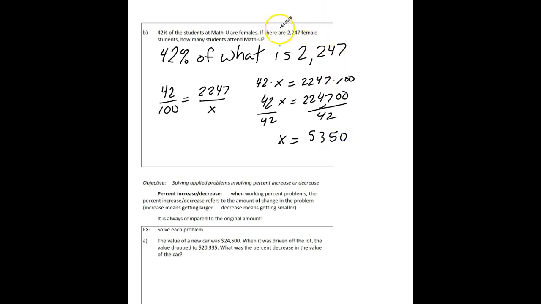And that's bigger, which makes sense. 42% is not quite half of our students, so our total population should be a little bit more than double this number, and it is. So we can say there are 5,350 students at Matthew. All right, and we answered our question.